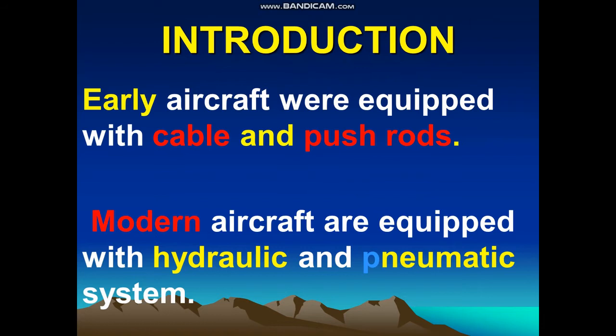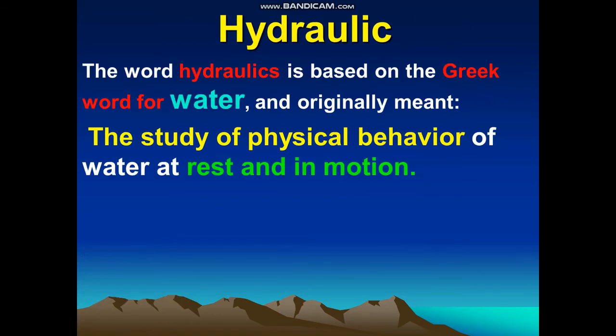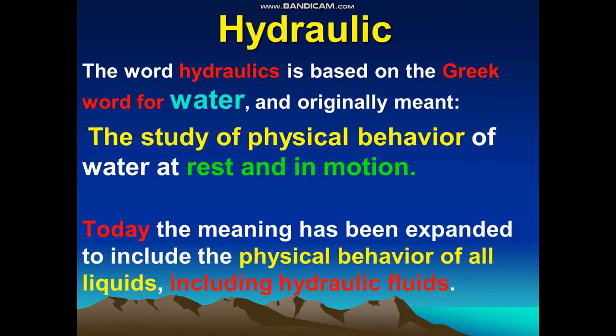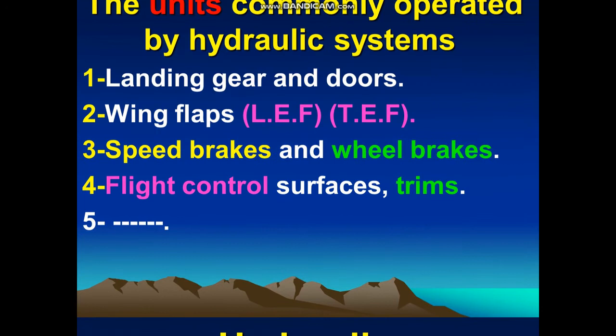early aircraft. The word hydraulic is based on the Greek word for water and originally meant the study of the physical behavior of water at rest and in motion. Today, the meaning has been expanded to include the physical behavior of all liquids, including the hydraulic fluids.